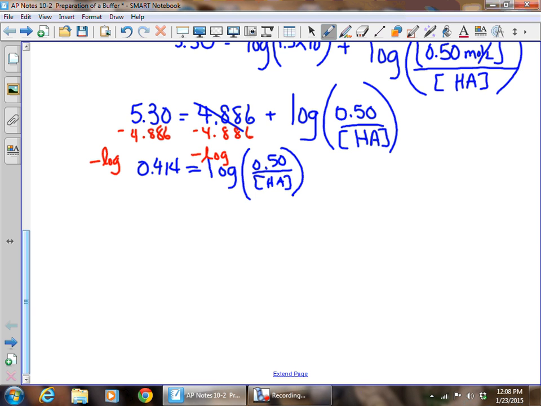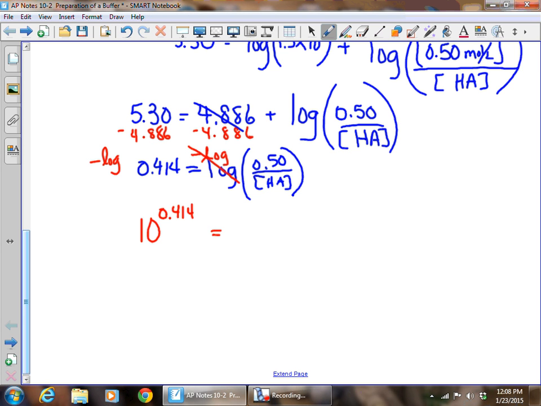Inverse log of both sides is going to cancel the log term on this side. And inverse log, I don't know any other way for you to do this but to memorize it, simply means we're going to take 10 and raise it to the power of 0.414. So that's what we mean by inverse log of that number.